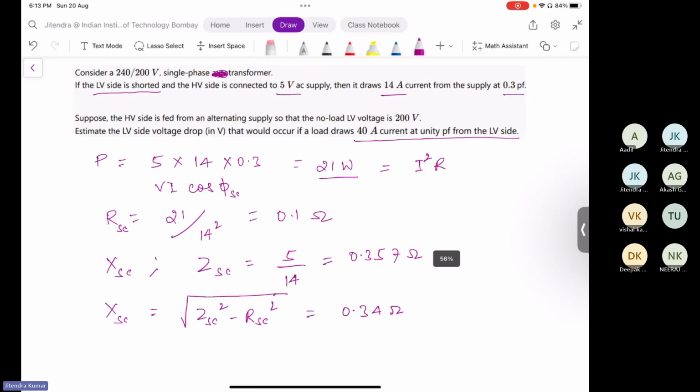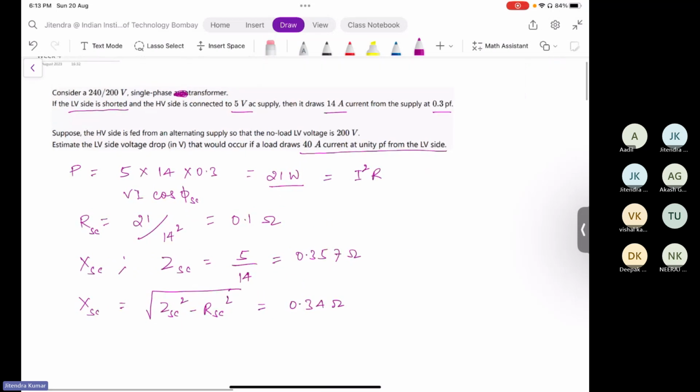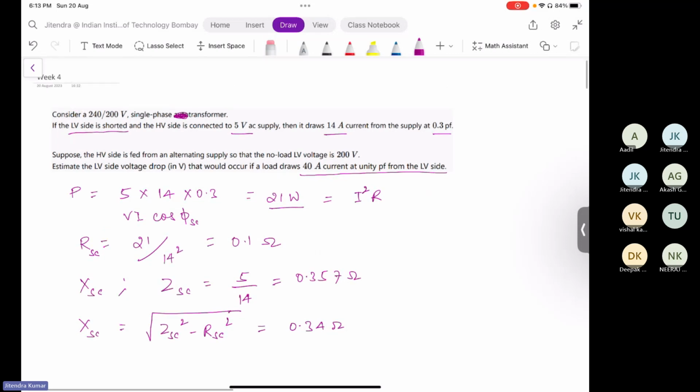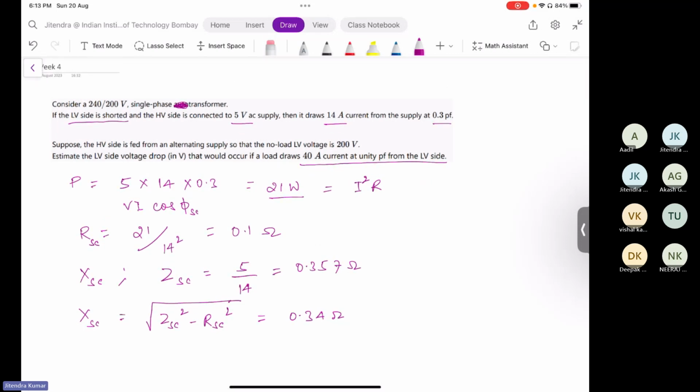Now we need to compute the LV side voltage drop that would occur if the load draws 40 ampere current at unity power factor. All these parameters we computed from the HV side, because the LV side was shorted and HV side values were given for the short circuit test. Now we want to compute the LV side drop.